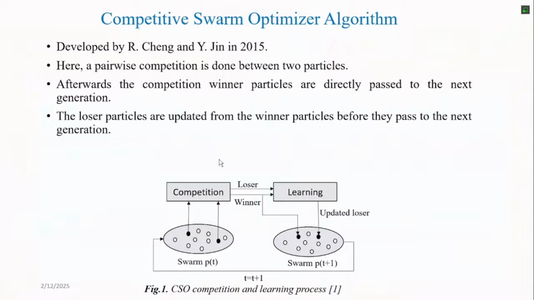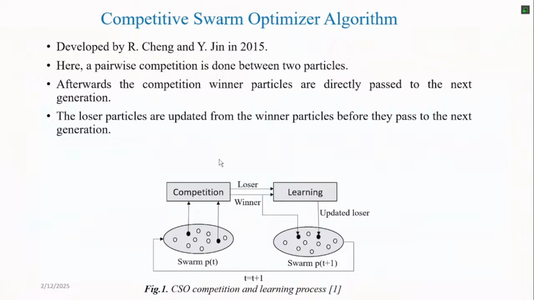The advantage of this algorithm compared to other algorithms like the particle swarm optimizer is as follows. In particle swarm optimization, they generally work based on local best and global best, but sometimes those algorithms get stuck in the local best and can't reach the global best. That was the issue with those algorithms. Even in the genetic algorithm there are lots of issues.